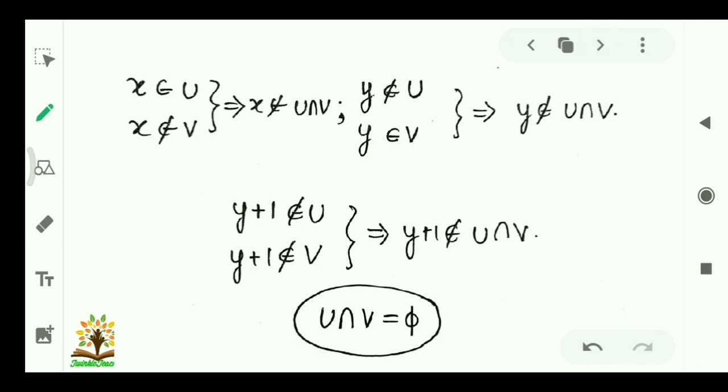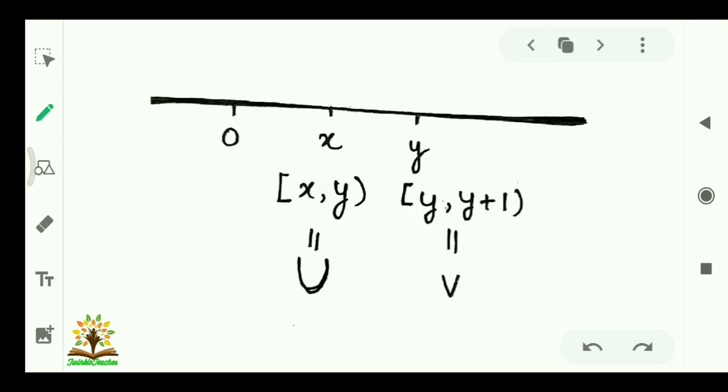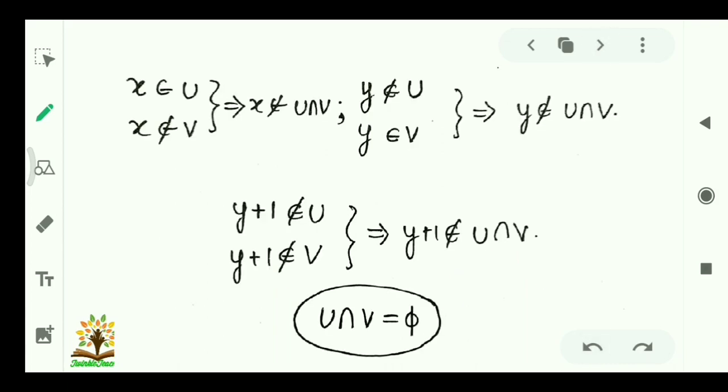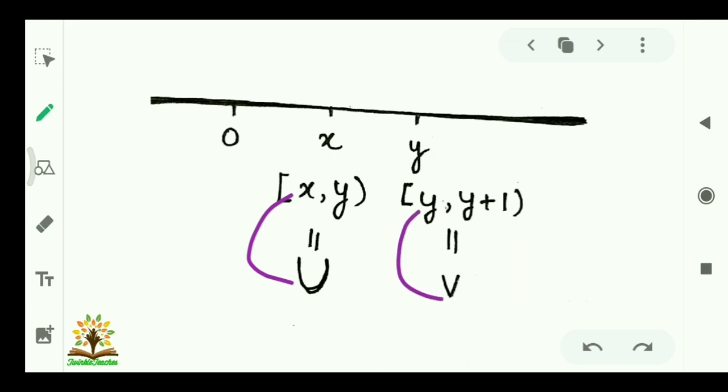Let us see how. x is contained in U, but x is not contained in V. As you can see here, x is contained in U, but x is not contained in V. Similarly, y does not belong to U and y belongs to V. Here you can see y belongs to V, but y does not belong to U just because it is a closed open interval. This y is not contained in this interval.